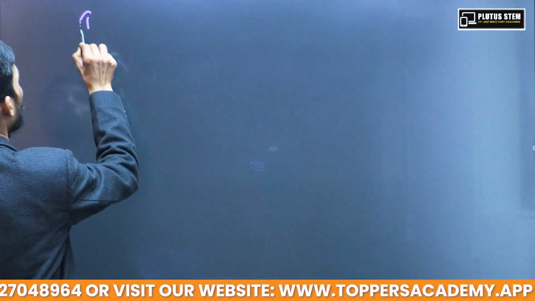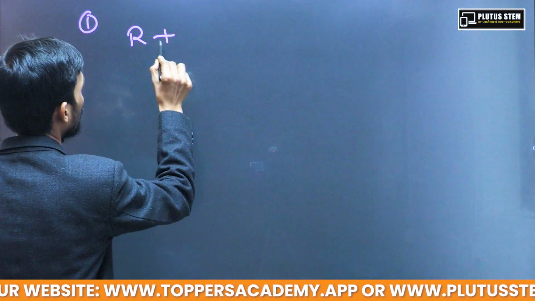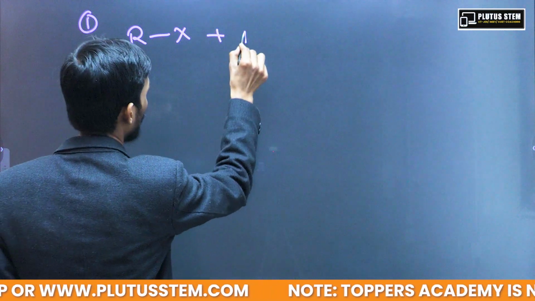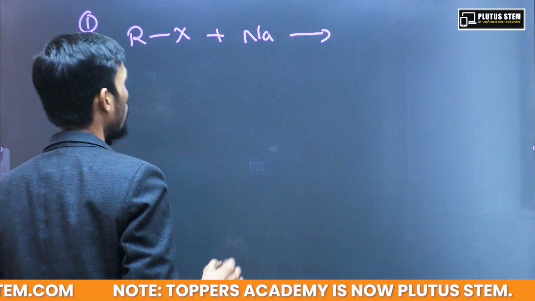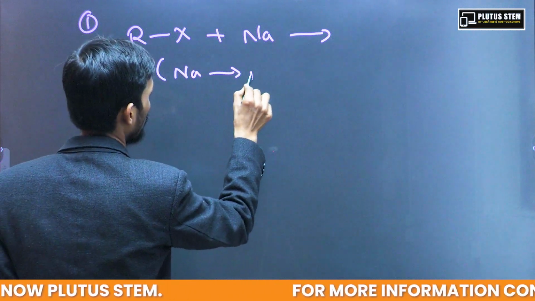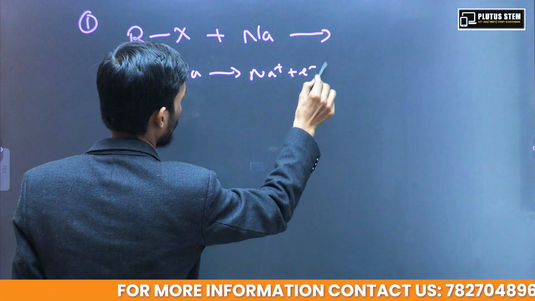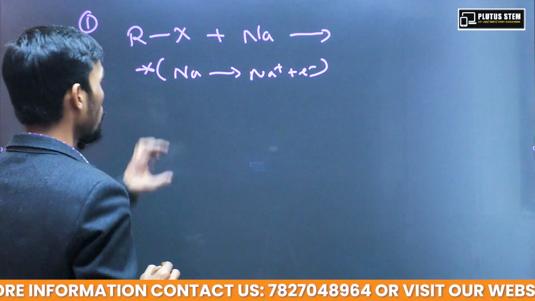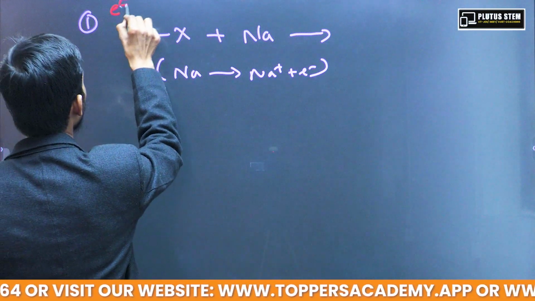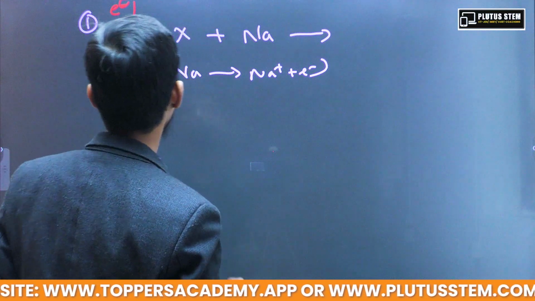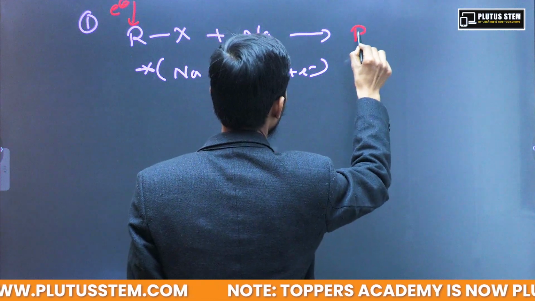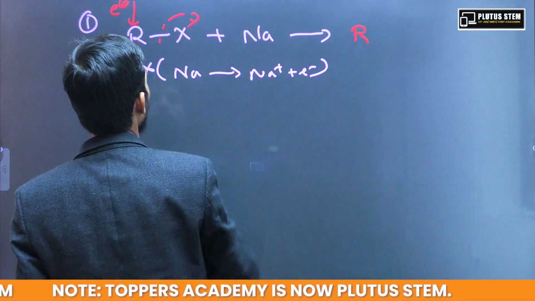In the first step, RX will react with sodium metal, and you know that Na gives Na positive plus an electron. The electron which is liberated from this sodium metal will attack at this side, and it is going to liberate X negative.